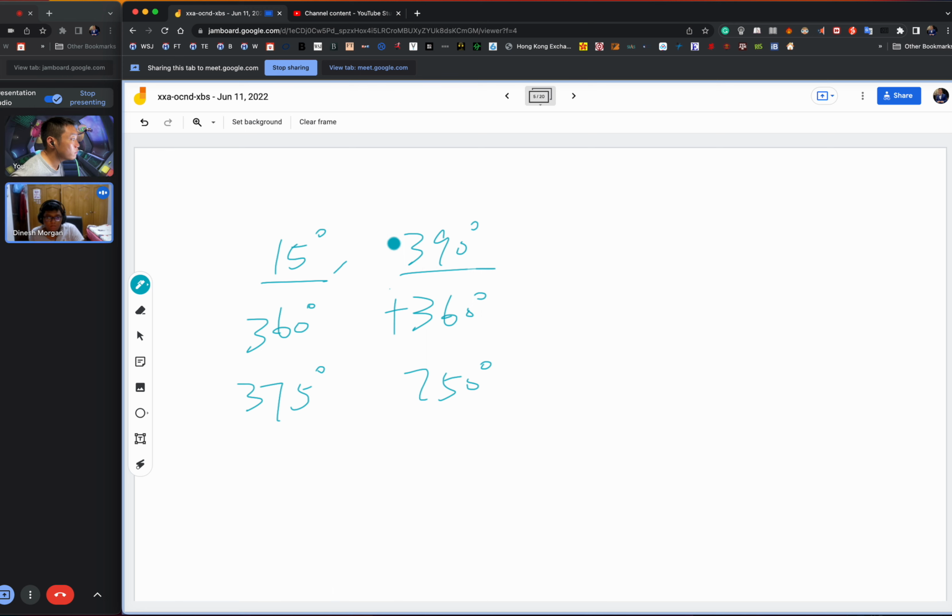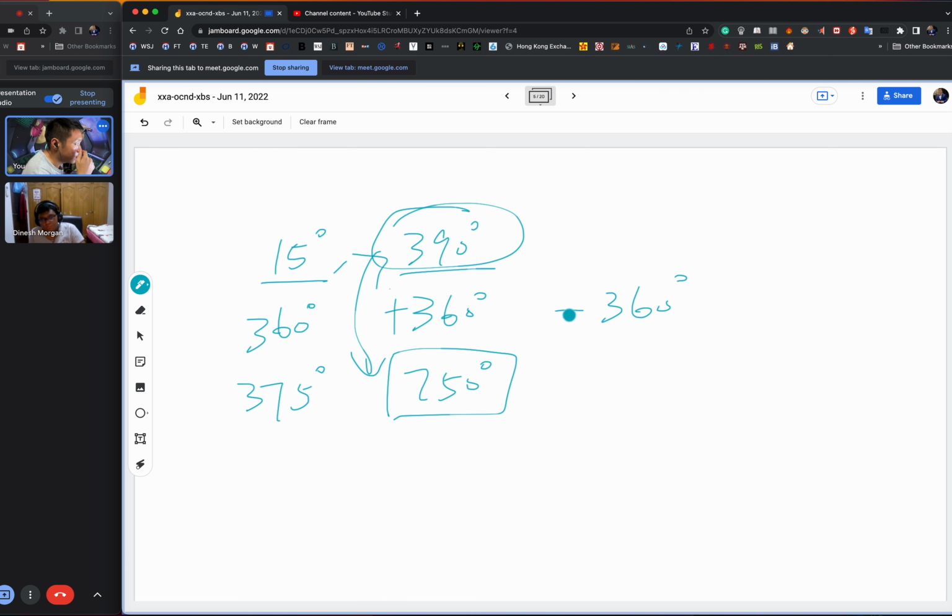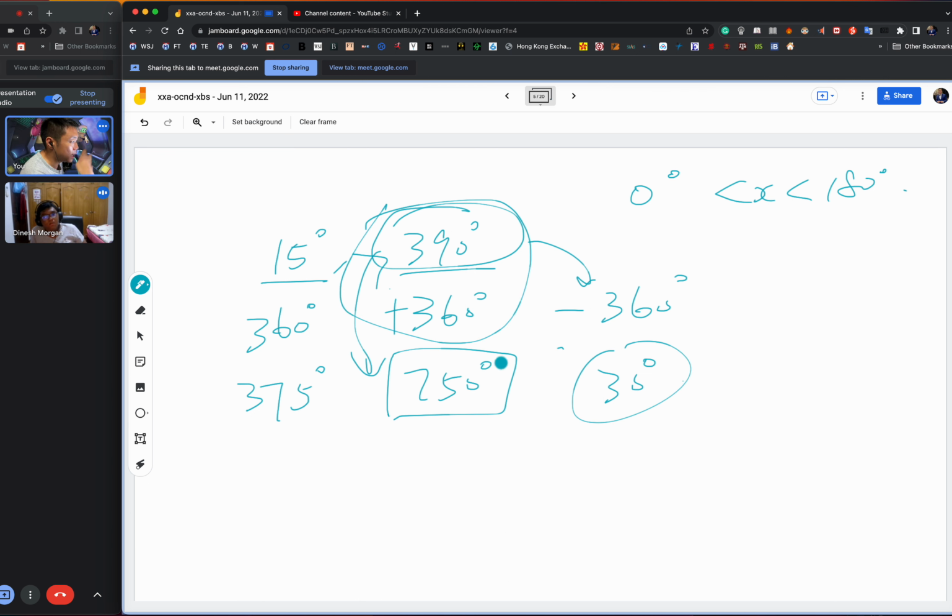So for this angle, if you add 360 to it, you will get this, and these two point to the same position. So for the 390, you also need to test minus 360 degree. Actually, it's 30 degree. So next time, if they give you the range 0 to 180, you need to accept x from 0 to 180. And how do you get the 30 is, you either plus 360 or minus 360 to test.